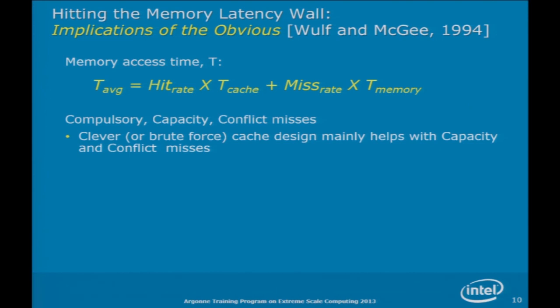So you have compulsory, capacity, and conflict misses, and lots of architects working on cache design, and clever or brute force cache design helps with capacity and conflict misses.